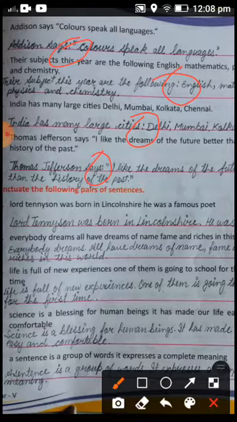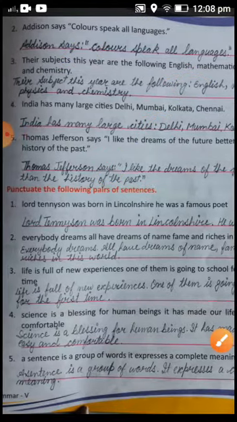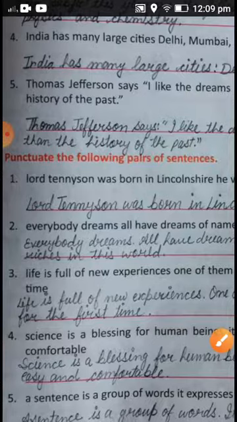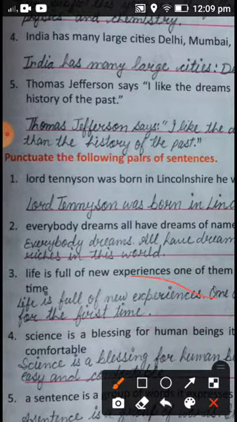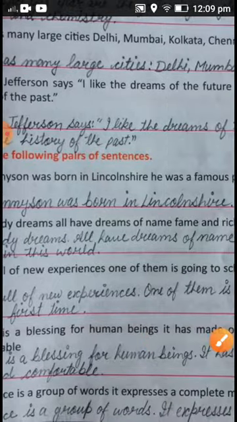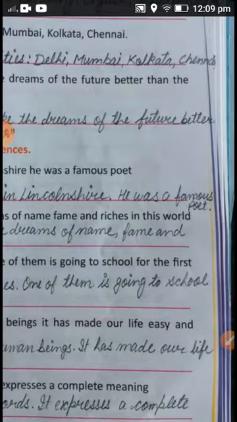Next exercise, exercise F, punctuate the following pairs of sentences. Here you have to punctuate, listen carefully. Lord Tennyson, L capital, T capital, was born in Lincolnshire, full stop. Then he was a famous poet, so H should be capital.